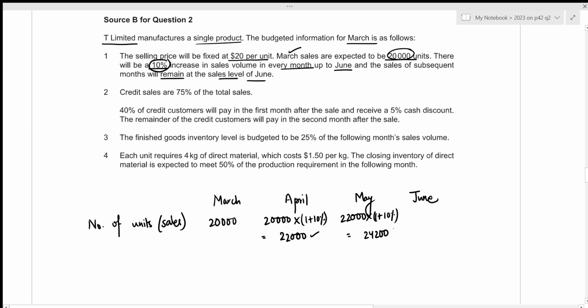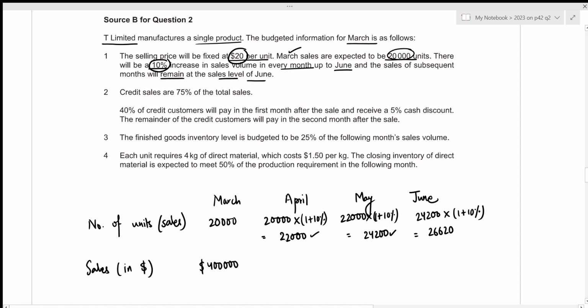And for the month of June, we have to increase this amount. So that's 24,200 times 1 plus 10%. This results in the value of 26,620. And we are also told that the selling price will be fixed at 20 per unit. So let us also figure out the value of sales in dollars. So for the month of March, that is just going to be 20,000 times 20, which results in 400,000.